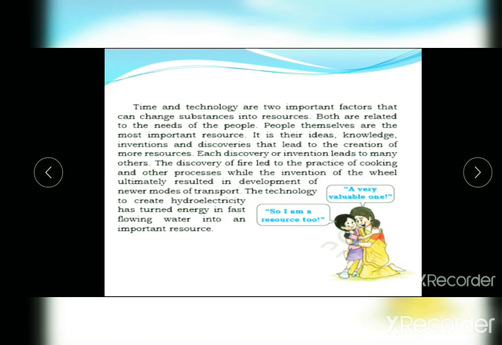So guys, time and technology are really very important factors for the value change of any resource. Both are related to the needs of the people. So they are indirectly or directly related to our needs.